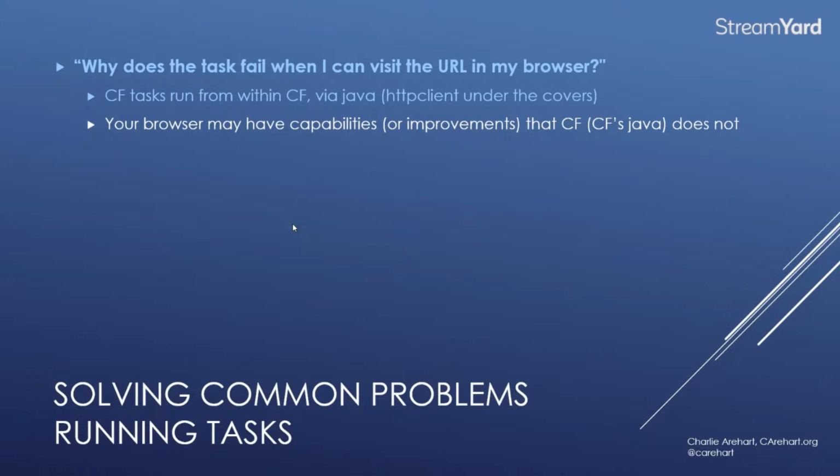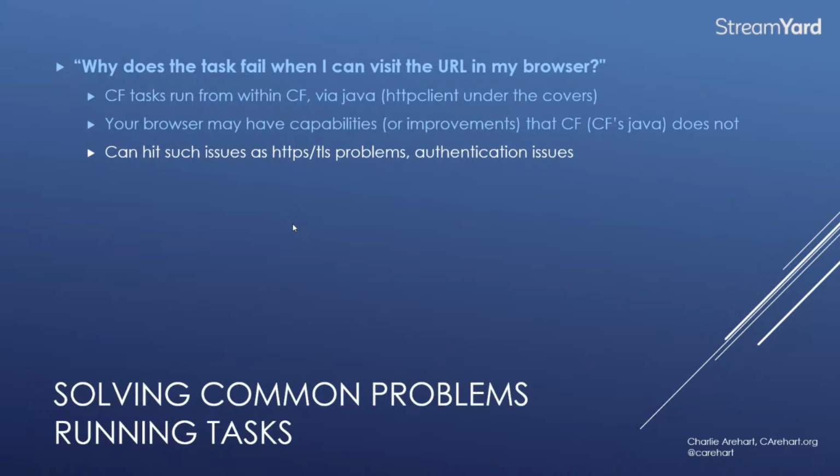That's a stretch, but here's what more likely happens to most people. You're making an HTTPS call, and the HTTPS URL in the scheduled task, when you make the request in your browser, is pretty modern, and it has modern certificates and modern root and intermediate certificates. But the Java underlying CF might have older root and intermediate certificates.